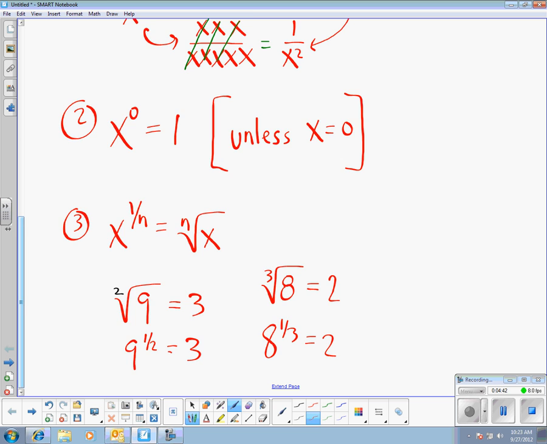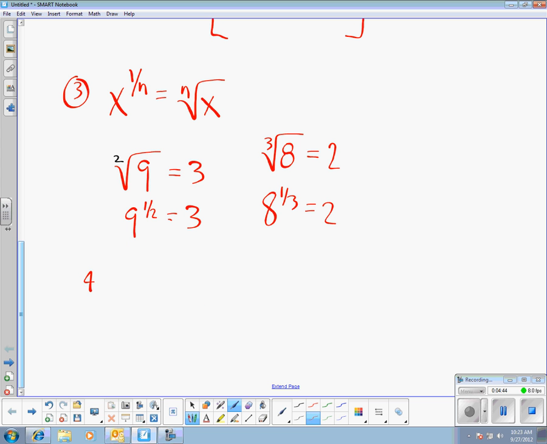Okay, and our final one kind of expands on that rule, and that's x to the a over b. So if you had an exponent like 3/4 or some rational exponent like that, we've got two parts basically. This is like x to the a, to the 1 over b.